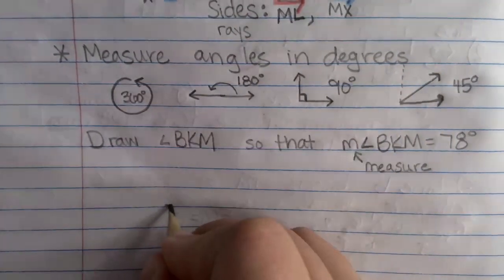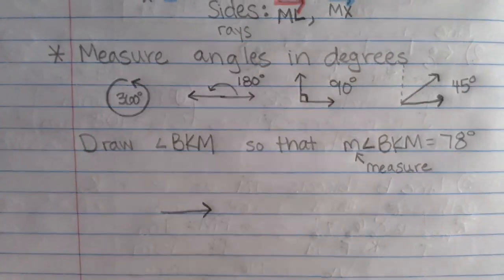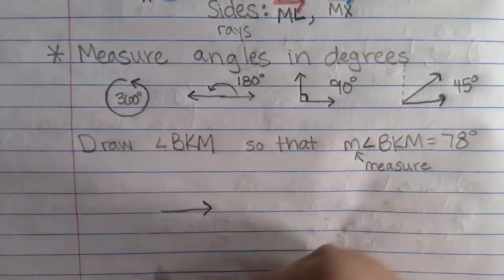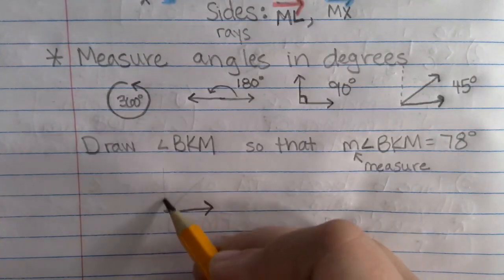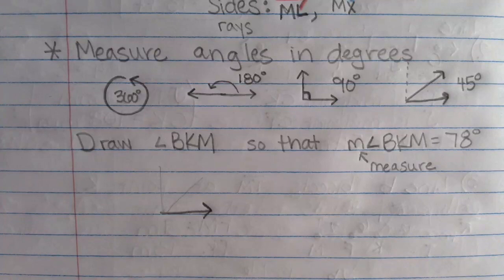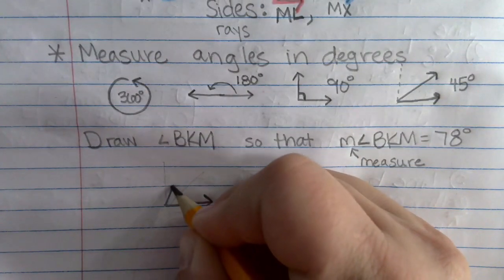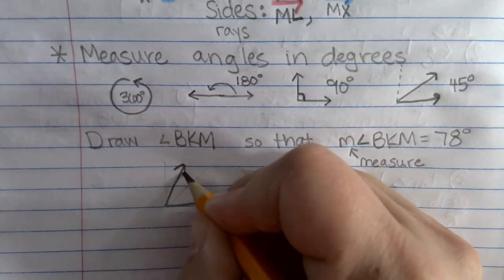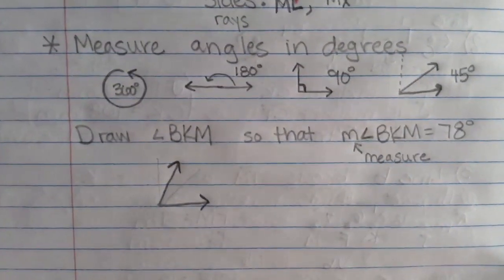So when I draw that, I'm going to have that line going across. I always start with my lines there. I'm going to think the 45 is here. My 90 is here. I kind of lightly like to draw in those little lines so I know where they are. And I know I want to go to 78, which we said was closer to 90. So I'm going to draw it a little bit more open. Now we didn't use, it's called a protractor.